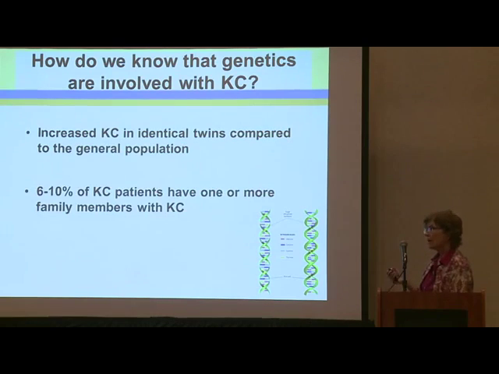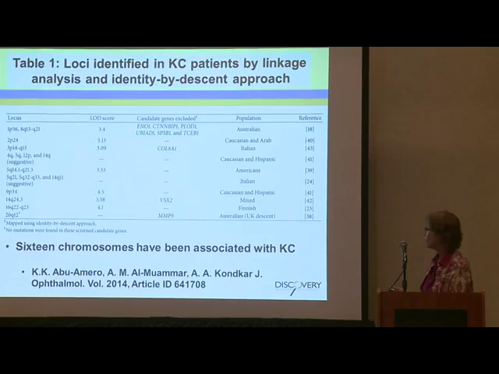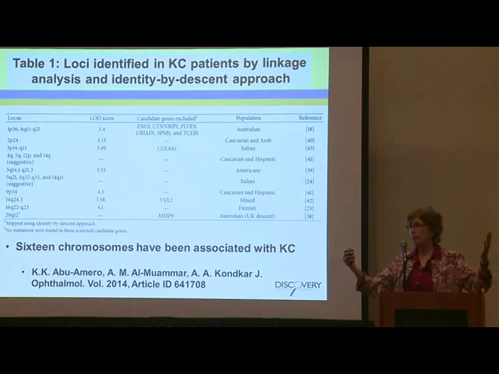Second of all, as I mentioned before, 6 to 10% of keratoconus patients have one or more family members with keratoconus. Now, this is a very, very good article that just came out in 2014, and what this group did is they took all the studies that had been done all over the world on keratoconus and genetics, and they put it together as a big review.